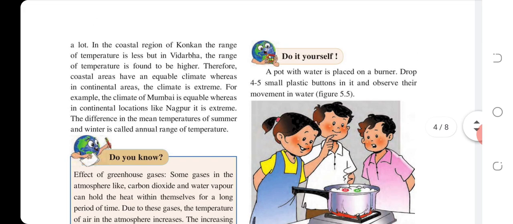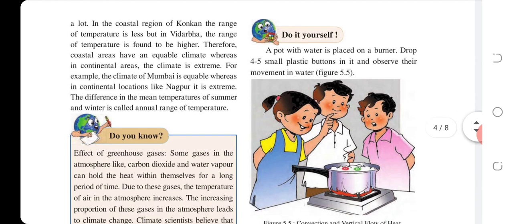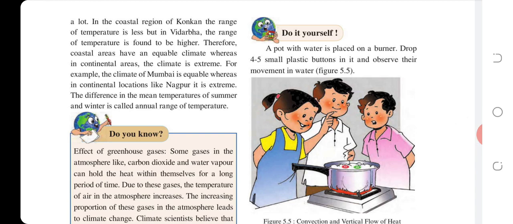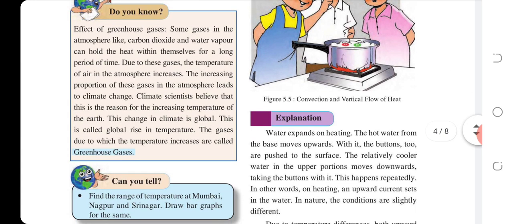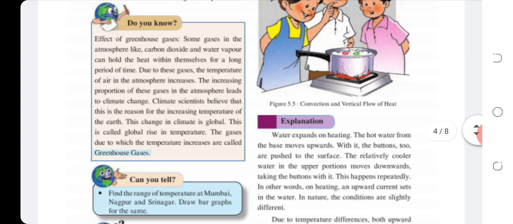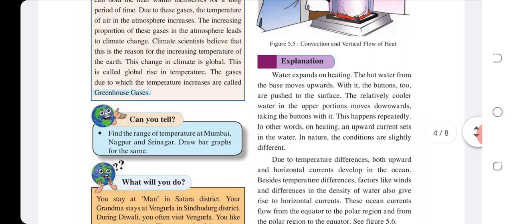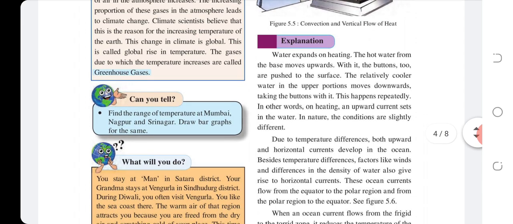Do it yourself. A pot with water is placed on a burner. Drop 4 or 5 small plastic buttons in it and observe their movement in the water. Explanation. Water expands on heating.